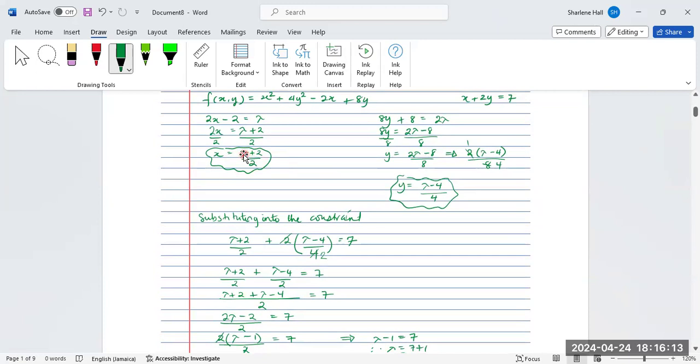If you do it like what you asked me, it means then that I'll have lambda over 2 plus 1. That's what it means, because (lambda + 2)/2 is saying lambda over 2 plus 2 over 2, and then that gives me this.